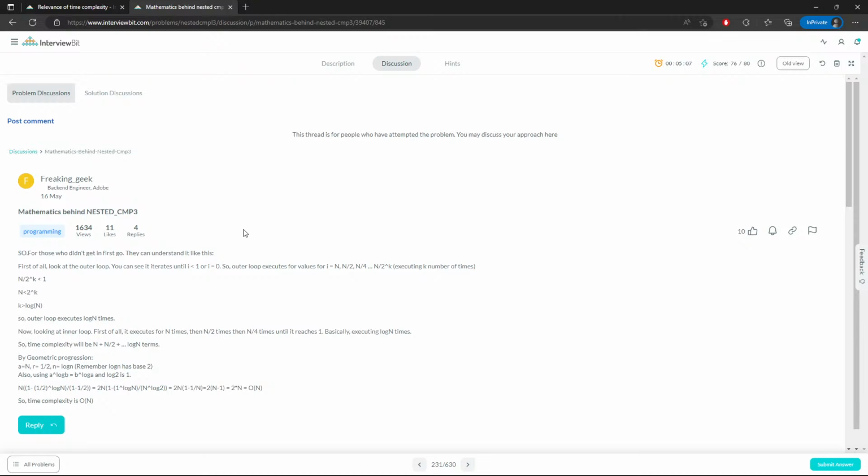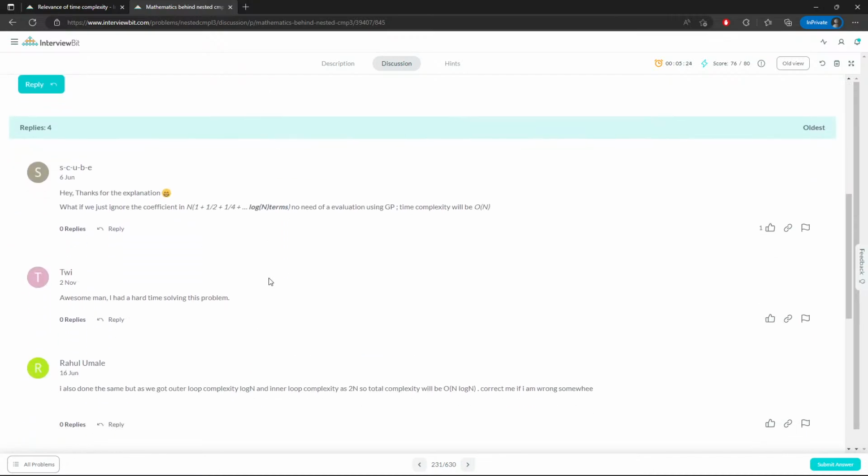The outer loop executes log n times. That's very clear.